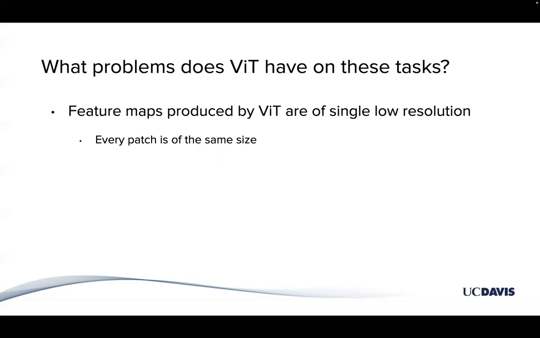And this won't work if we are doing dense prediction, like when you are trying to classify at a pixel level whether that pixel belongs to a class person or a class bicycle. So this is one of the drawbacks, if I may say, about Vision Transformer.